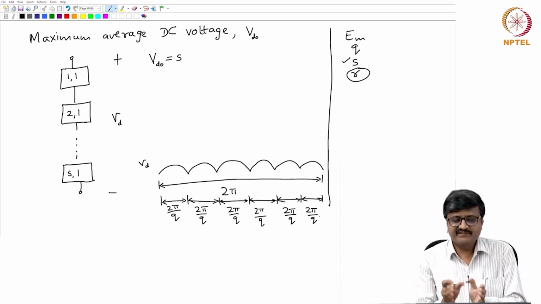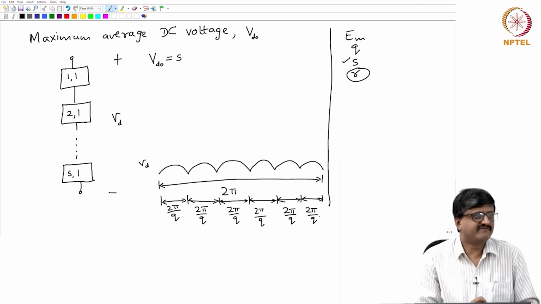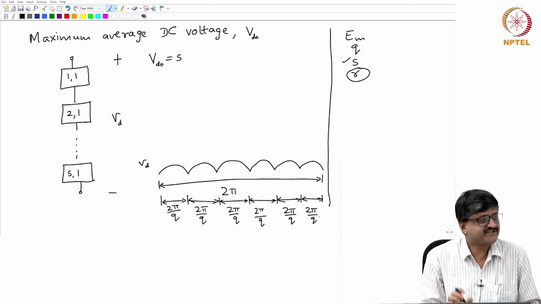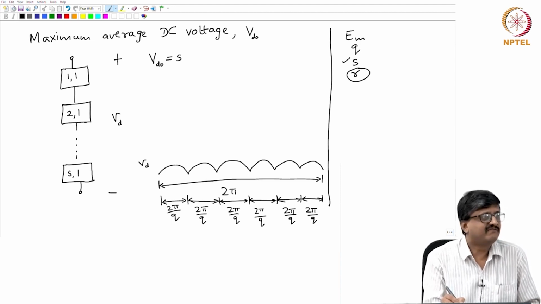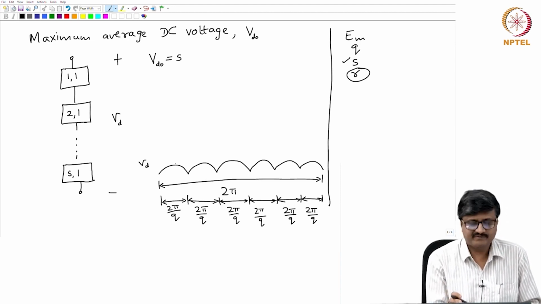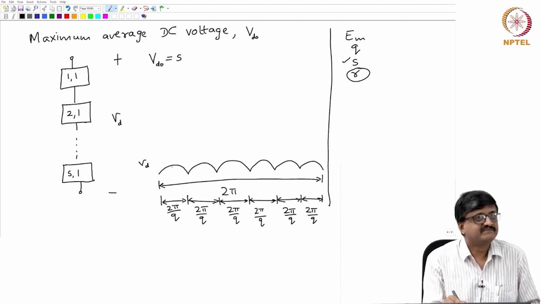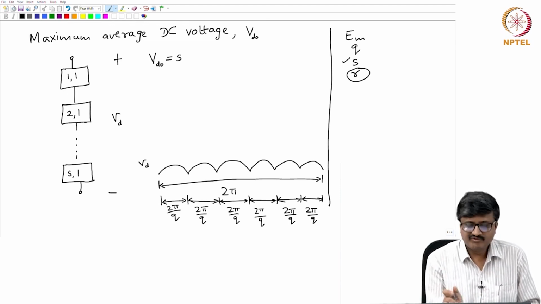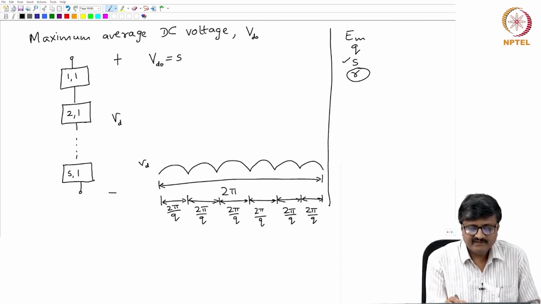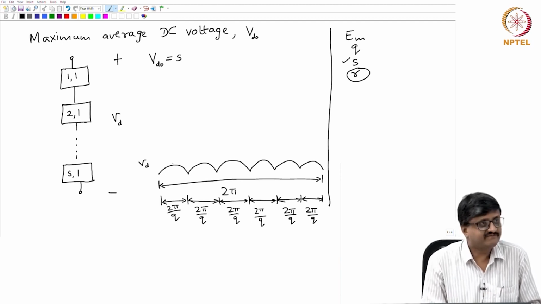Now each of these widths has a part of a sinusoidal waveform. If you take any duration of width 2 pi by Q, it is a sinusoidal waveform. Now the peak value is appearing exactly at the midpoint of the interval of width 2 pi by Q. So take any interval of width 2 pi by Q, at the midpoint you get the peak. So it is part of a sinusoidal waveform whose midpoint is such that the peak is coinciding with that.